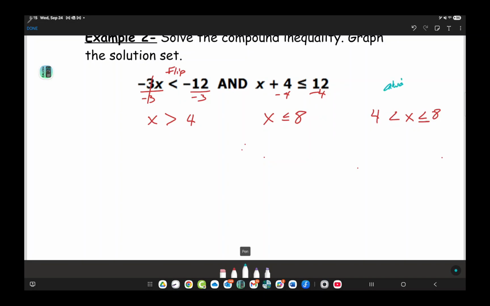Always use less than or less than or equal to. So when you set this together, we always use less than or less than or equal to. We do not use greater than. How do you know which one to use? It just depends on if it's equal to or not.